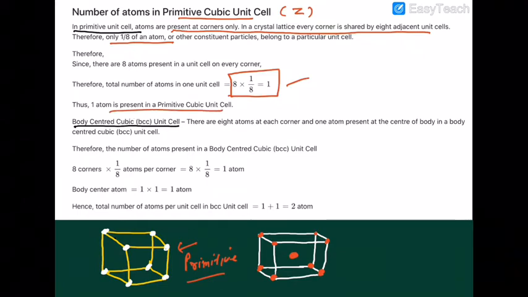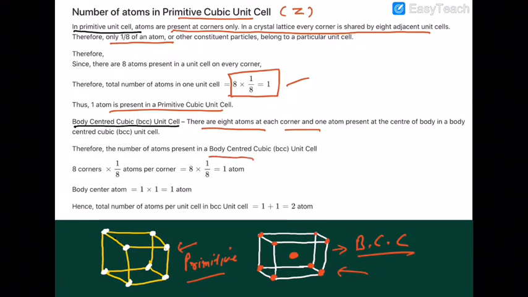In case of body centered, there are 8 atoms at the corners. Look at this, this is the case of BCC. You can see 8 corners with 8 red dots, and one atom is at the body center.